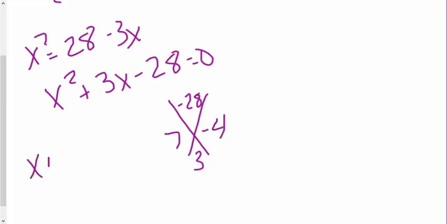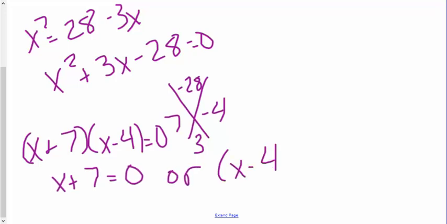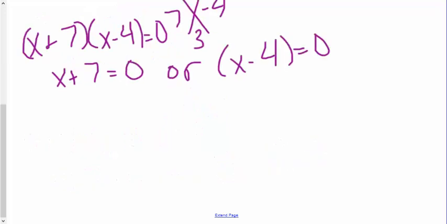So it would be x plus 7 times x minus 4 equals 0. So that means x plus 7 equals 0, or x minus 4 equals 0. I don't know why that's in parentheses. It just is. So then x equals -7, or x equals 4.